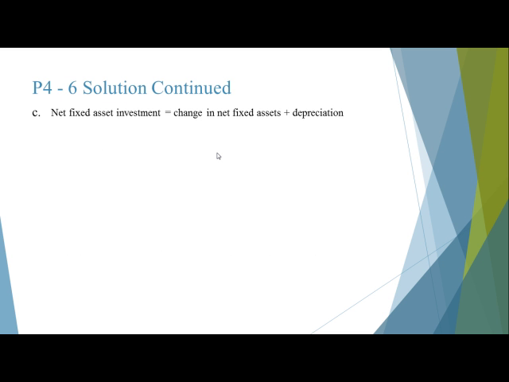In Part C, to figure out the free cash flow, first let's do the net fixed asset investment. This number is equal to the change in net fixed assets plus the depreciation in 2012. 14,800 is the net fixed asset balance in 2012, and 15,000 is that number in 2011.